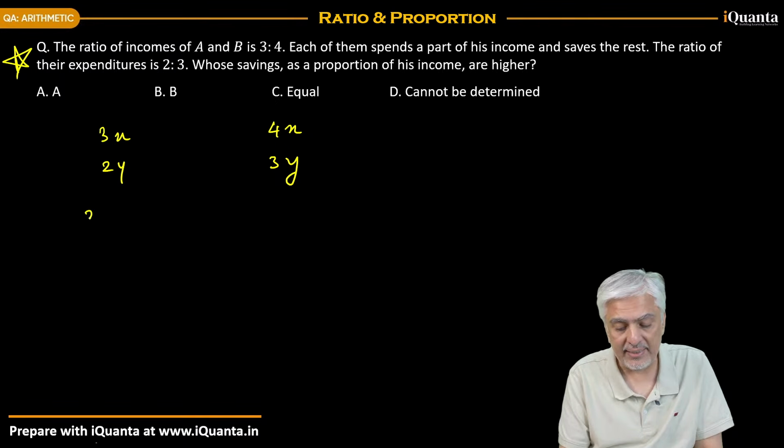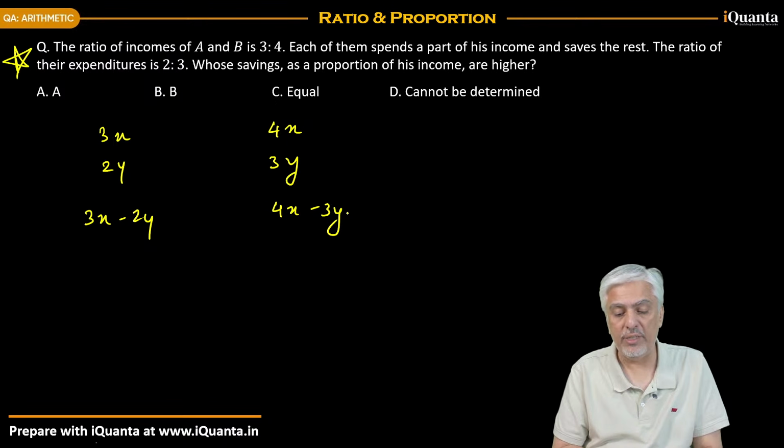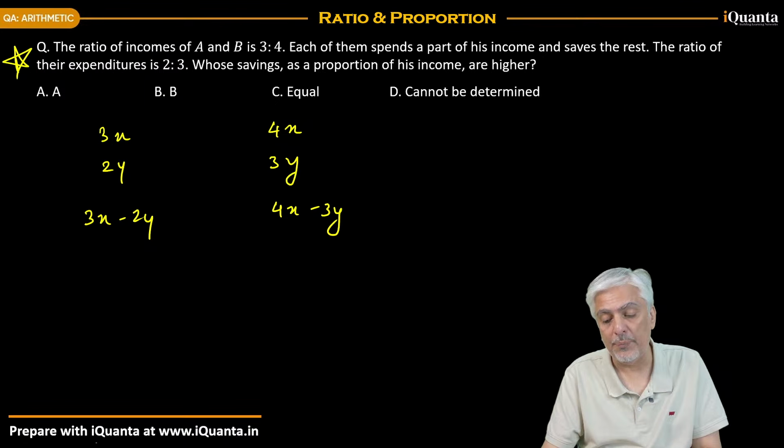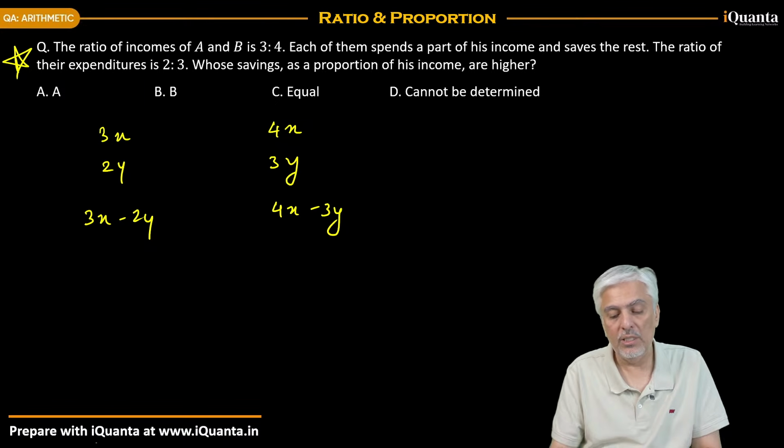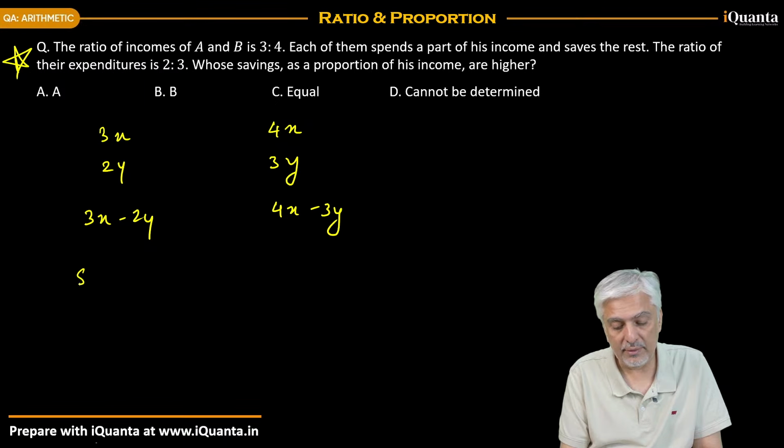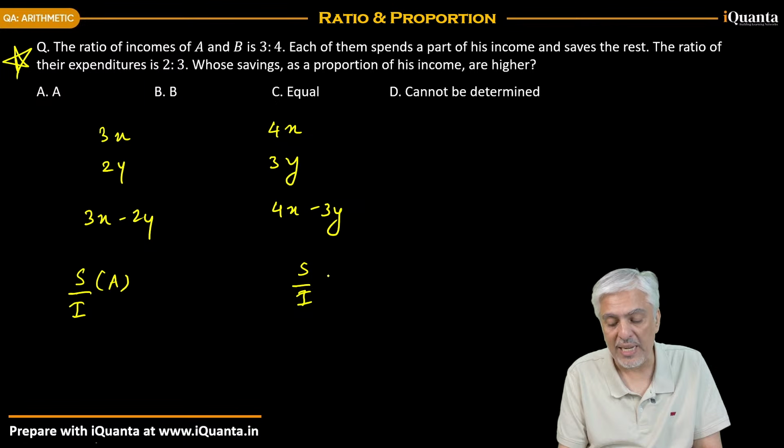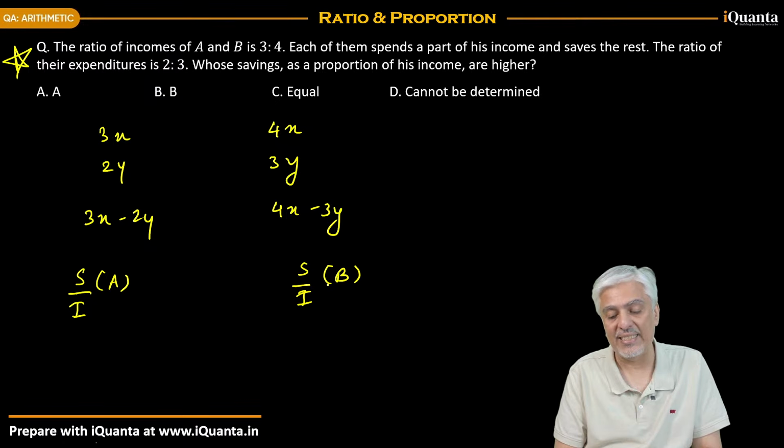So how much is the saving? 3x minus 2y and 4x minus 3y is the saving. Now read carefully: whose saving as a proportion of his income is greater? So this saving upon income for A and saving upon income for B, which is greater, they are asking.